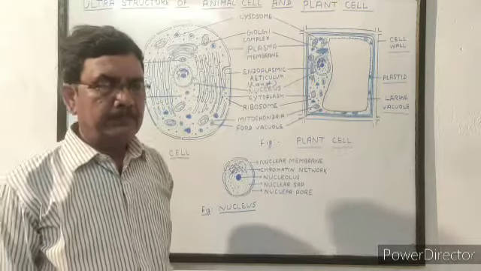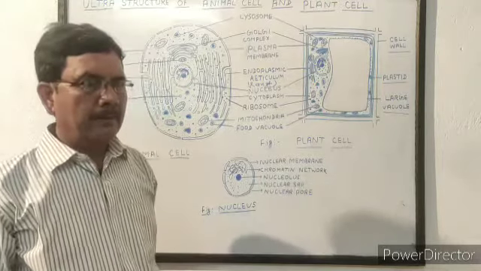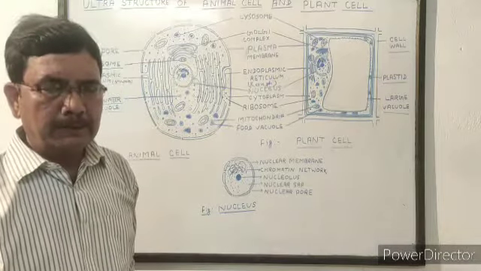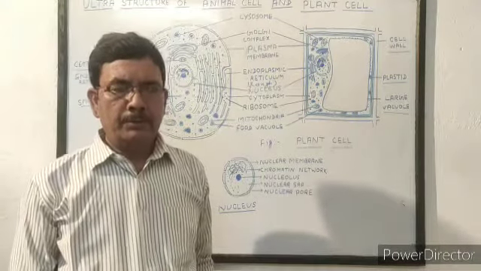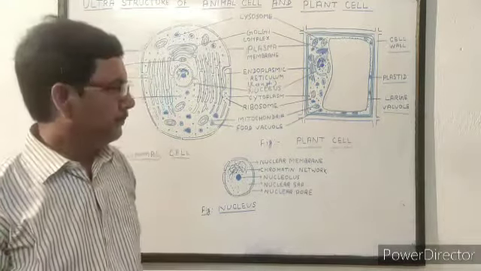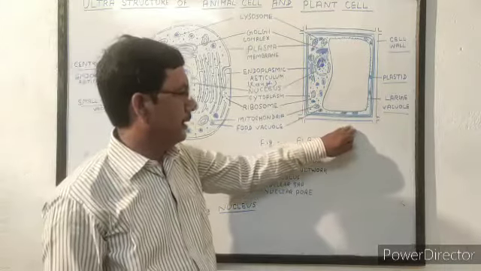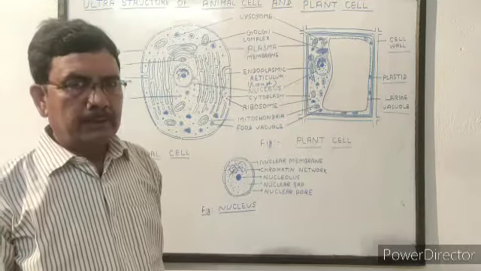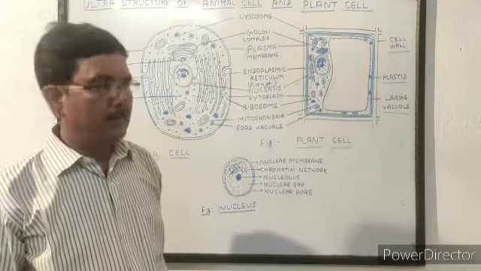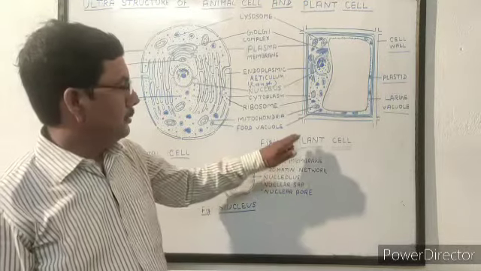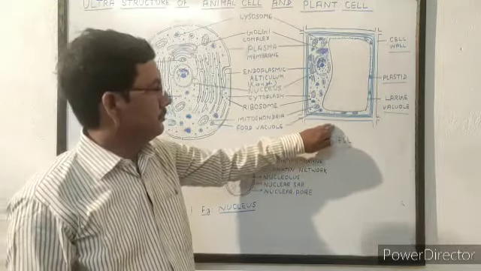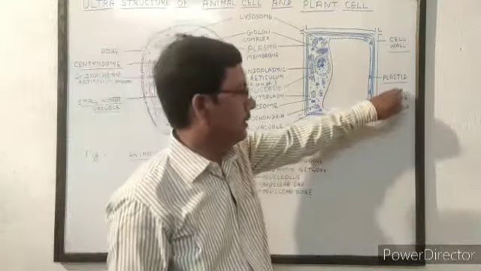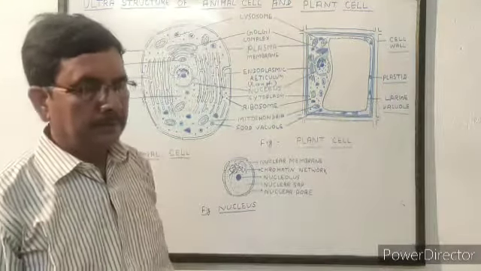In animal cell, the cell organelles are mitochondria, Golgi complex, endoplasmic reticulum, lysosome, ribosome, and centrosome. In plant cell, the cell organelles are mitochondria, Golgi complex, endoplasmic reticulum, lysosome, ribosome, and plastids, centrosome absent.